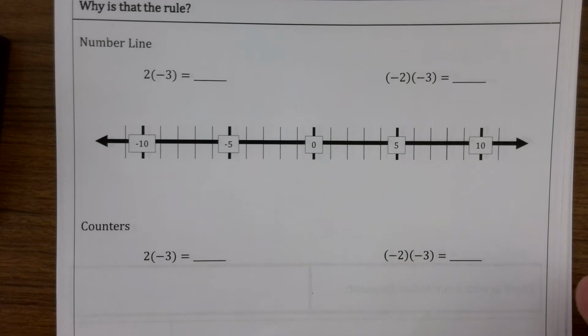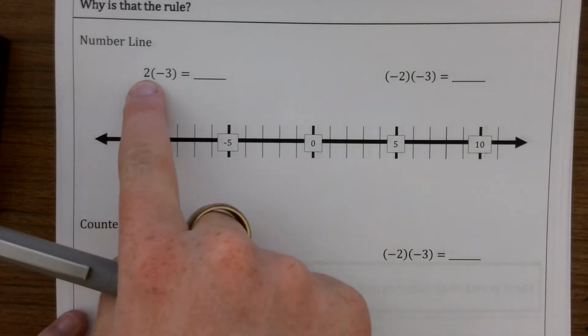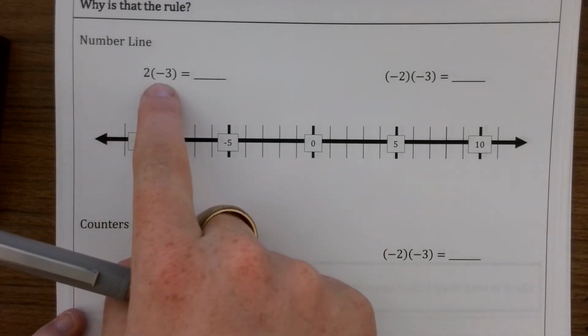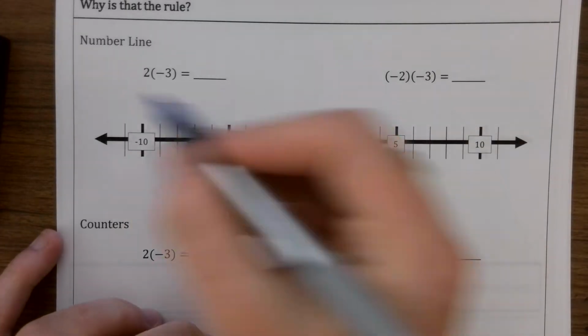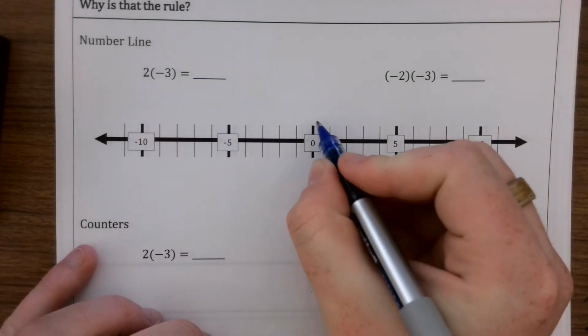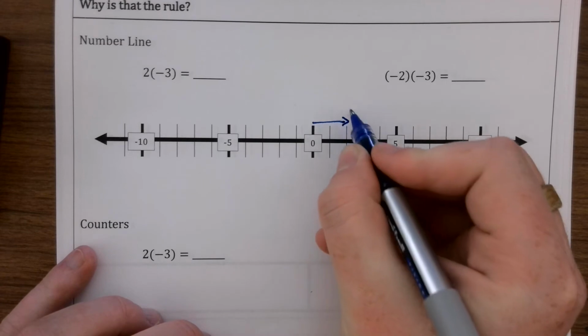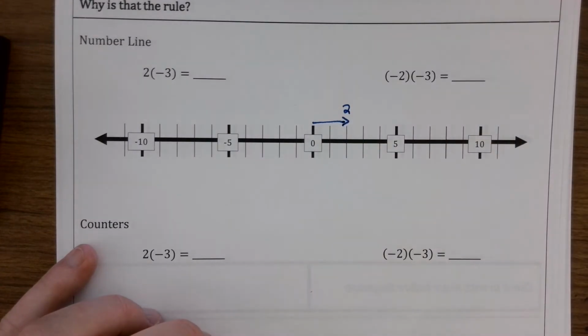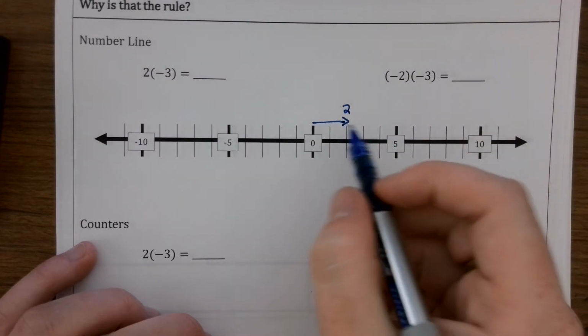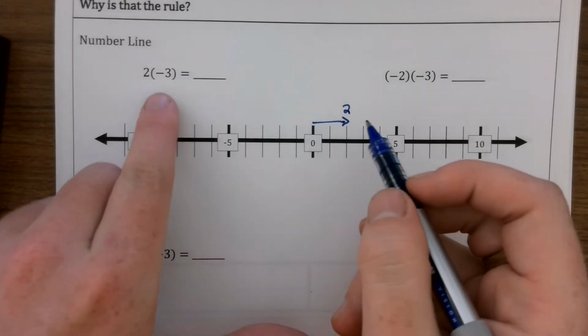Now, why does that work? Let's look. Here we have positive 2 times negative 3. I'm going to start with positive 2. I'm going to go from 0 over to 2. But then I'm multiplying it, and I'm going to ignore this negative for a moment.